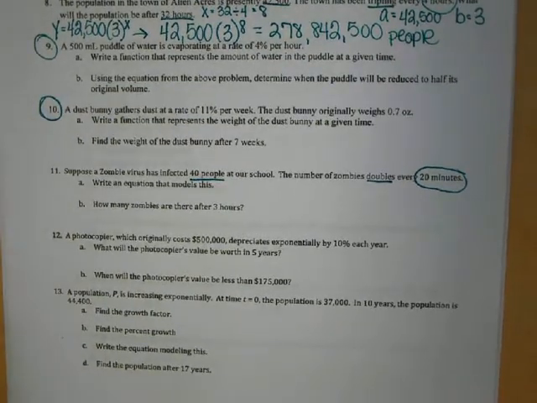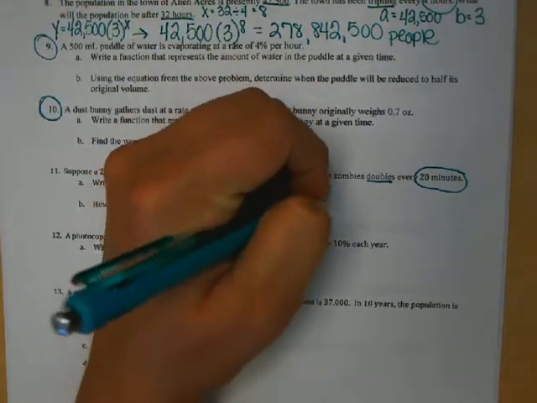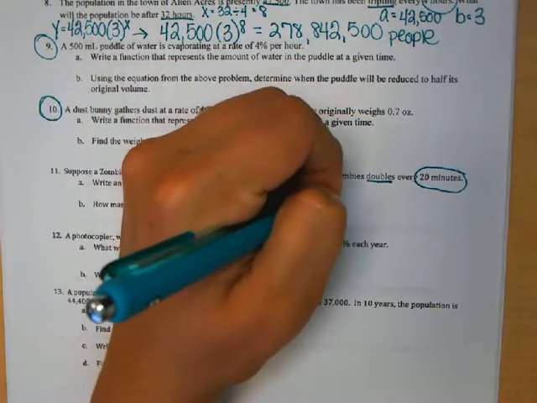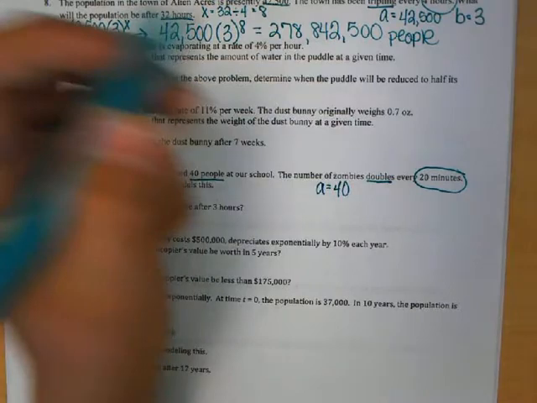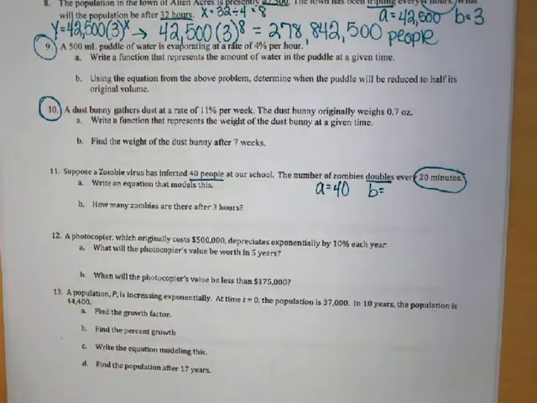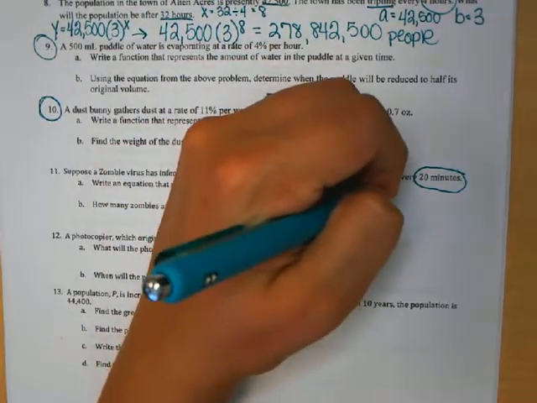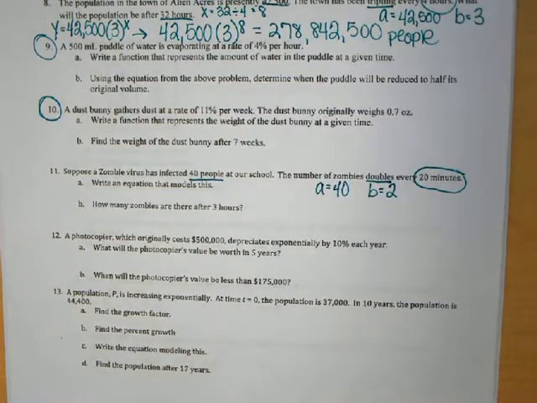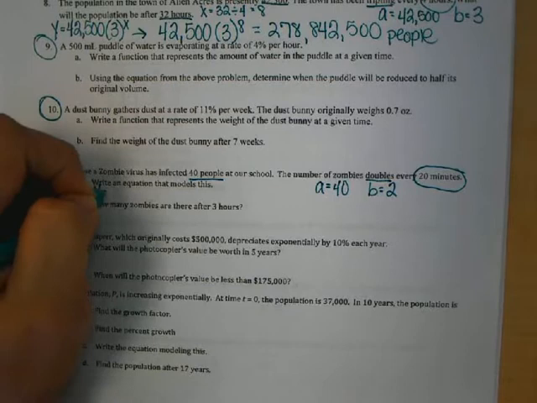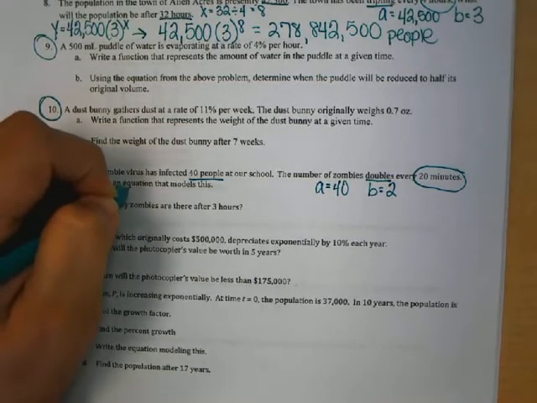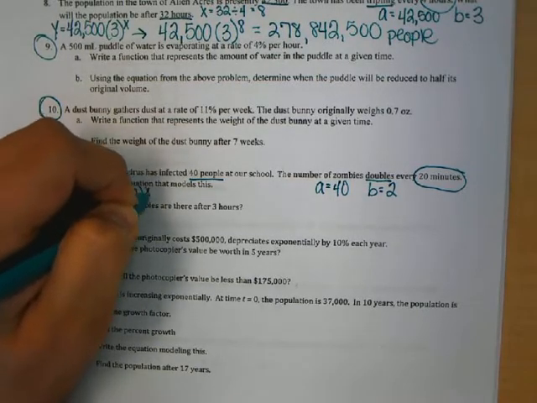First thing we've got to do is write an equation. So I start with 40 people. Well, then I've got one of those special words that tells me about B. Since it's doubles, then that B is going to equal 2. So since I've got A and B, I can write my equation. Y equals 40 times 2 to the power of x.